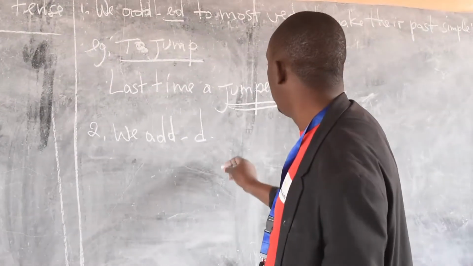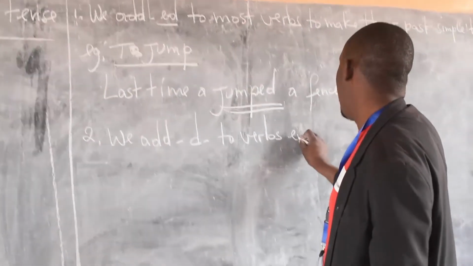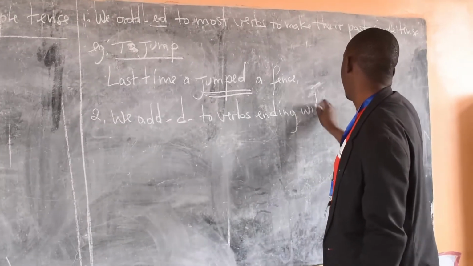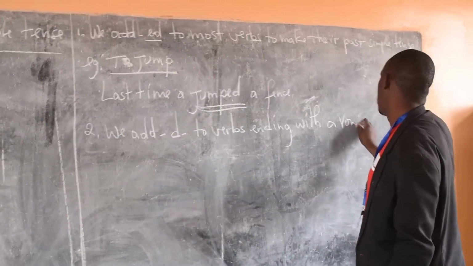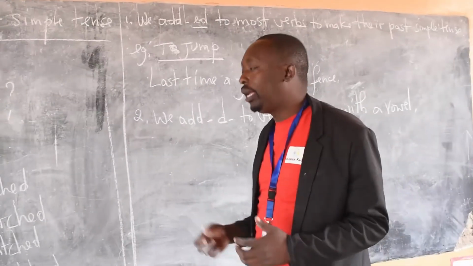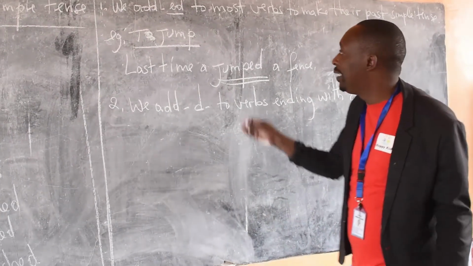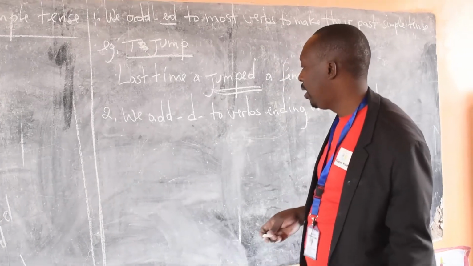So number two, we add d to verbs ending with a vowel. To make the simple past of regular verbs which end in a vowel, we don't add ed like here. We add d.